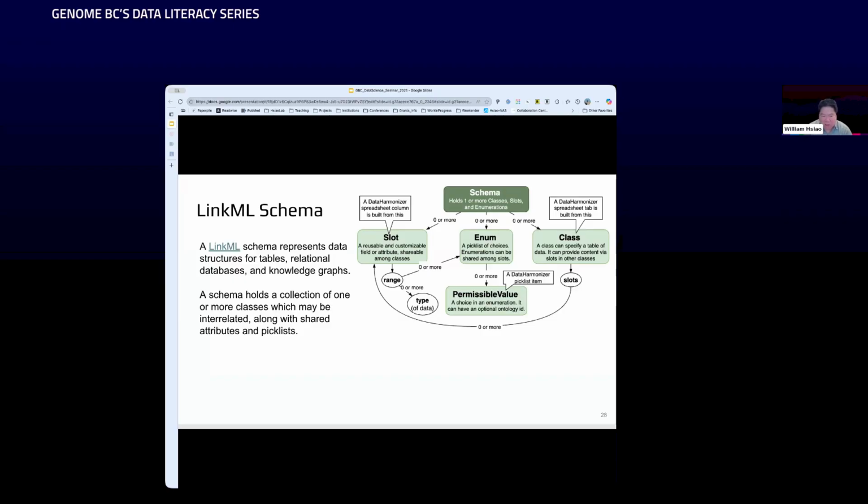And the schema holds a collection of one or more of these classes that may be interrelated, along with shared attributes and pick lists, meaning that we define both the data fields, but we also, as much as possible, provide a list of suitable vocabularies for each of these attributes rather than just leave the users to input their own free text values in these fields. And again, the whole schema, or the whole data specification, is machine readable.